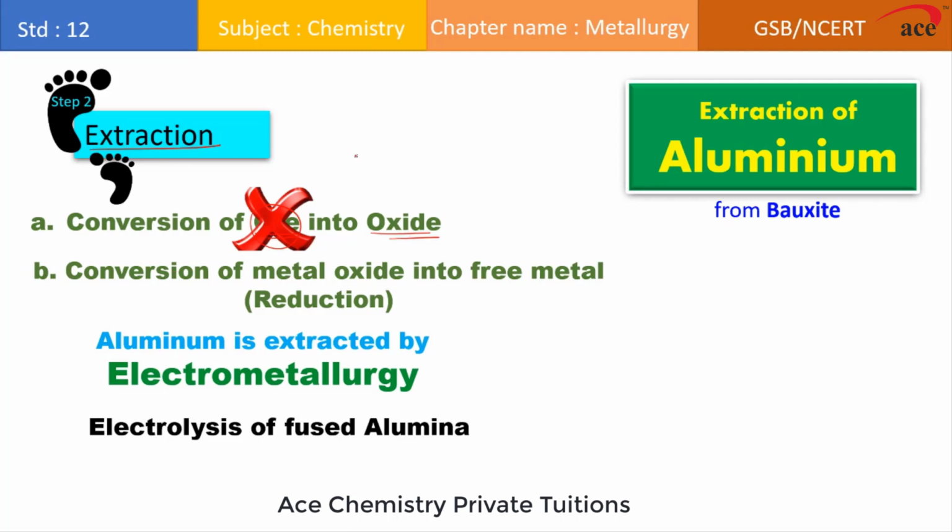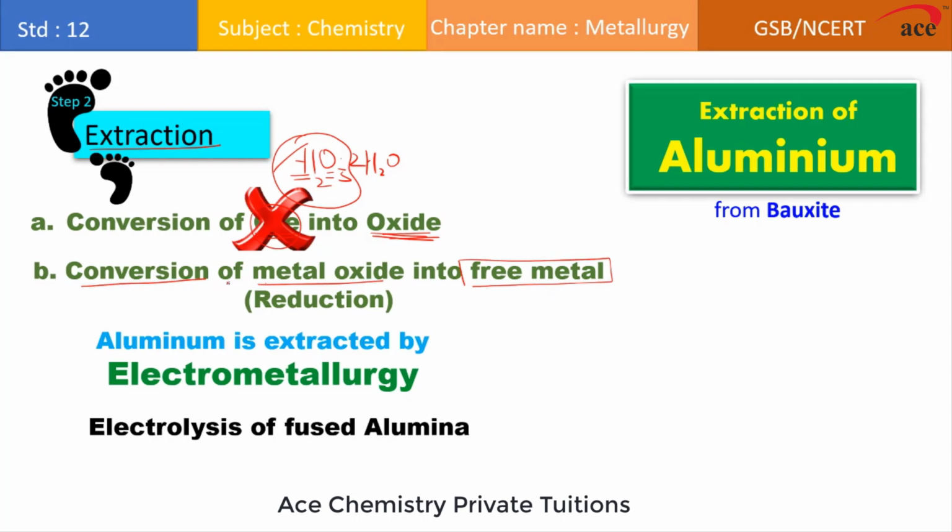The reason is that the formula of bauxite is Al2O3.2H2O, so the aluminium metal is already associated with oxygen. It is already an oxide. So we don't need to convert it to oxide again. The next step is conversion of metal oxide into free metal.